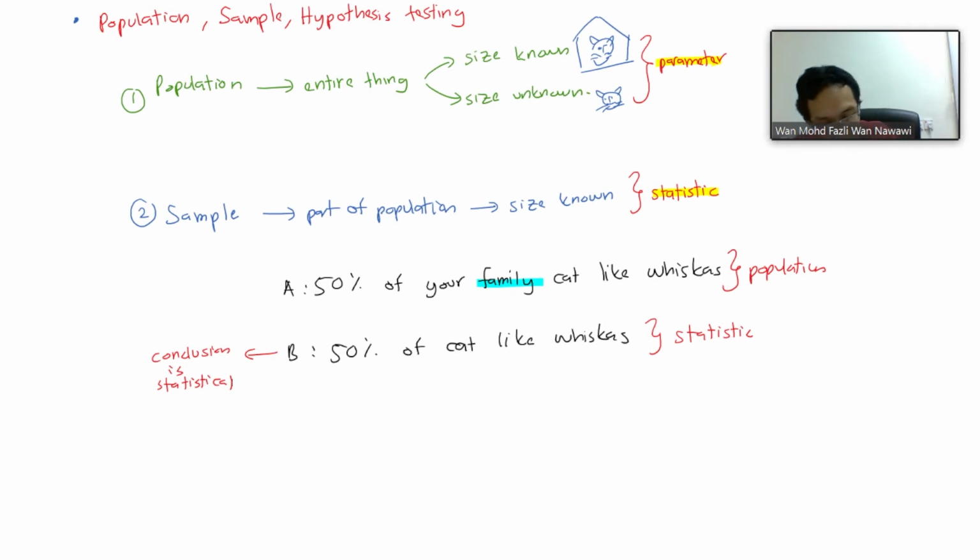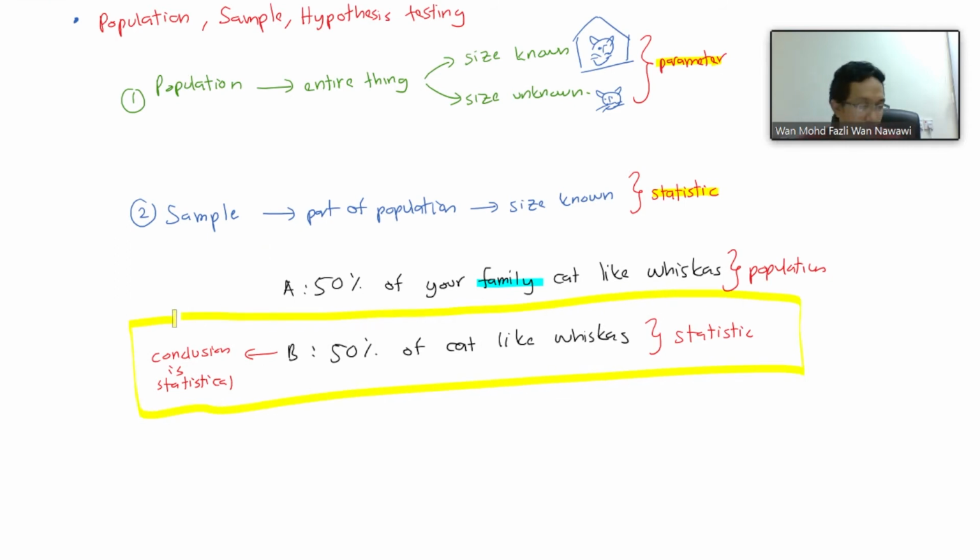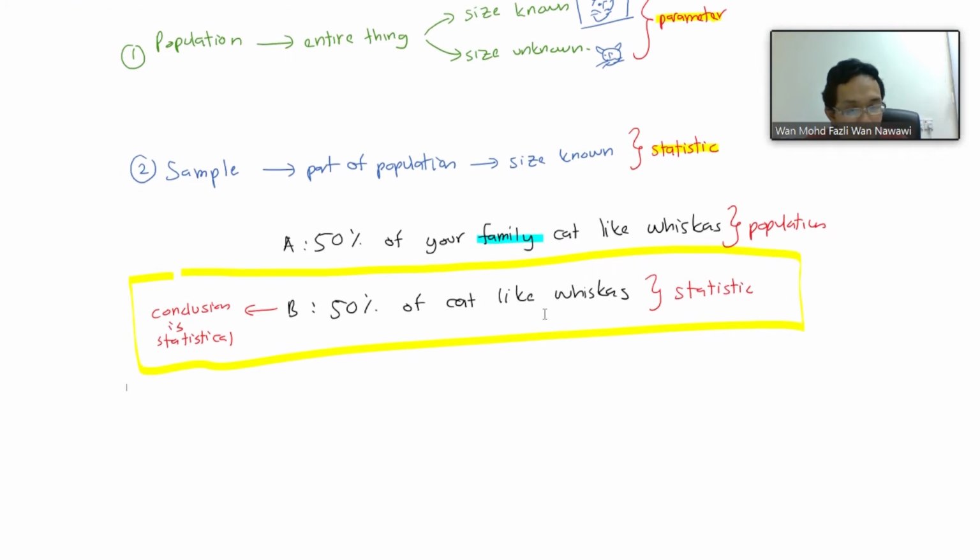Most of the time your experiment is like this. You're dealing with statistic because it's unlikely you test the entire population. For example, let's say you are doing a survey, one type of experiment, especially in non-science. You don't interview all the individuals in the country to know whether one politician is good or bad.